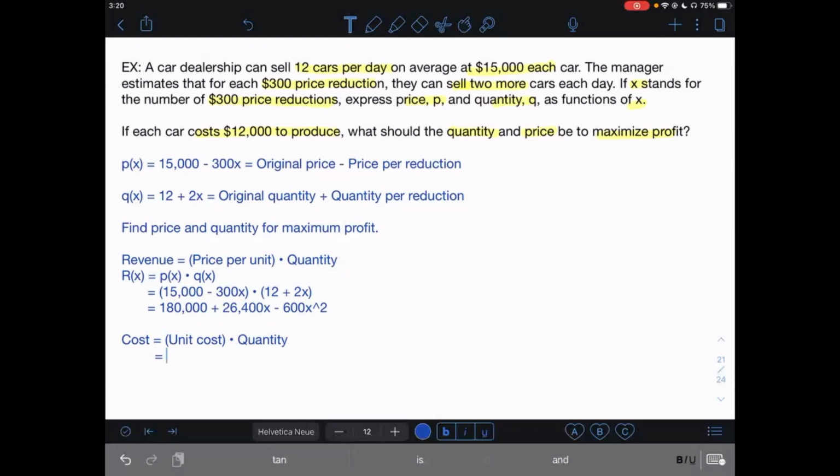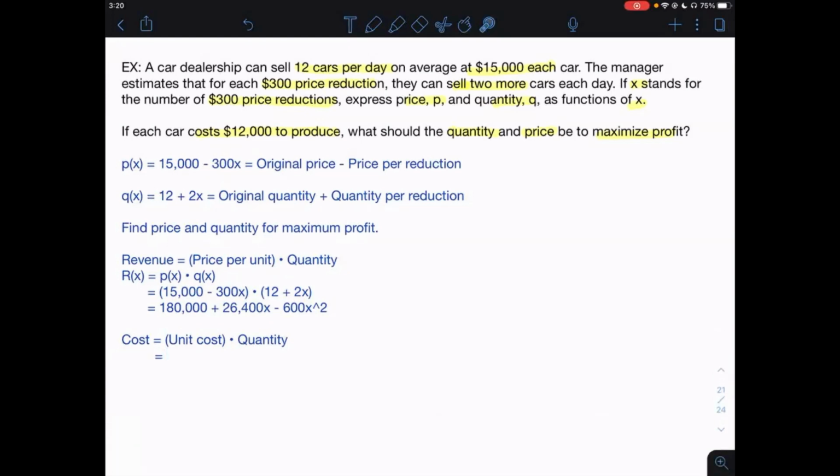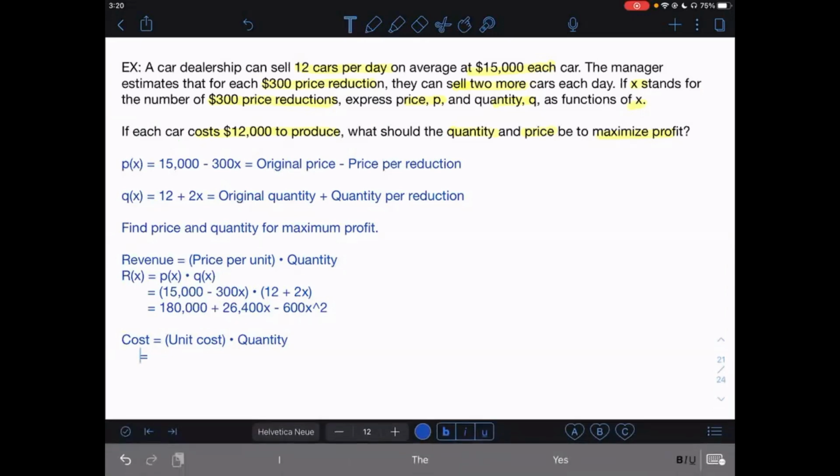Well, what does it tell us here? It tells us in the information above that it costs $12,000 to produce each car. So for our cost function, the unit cost is $12,000.